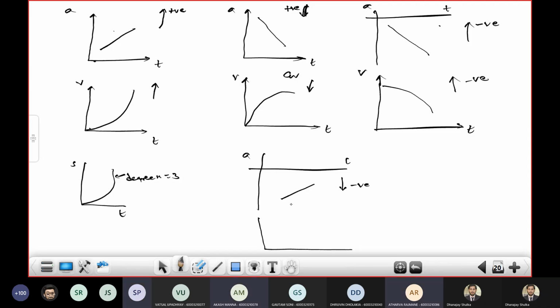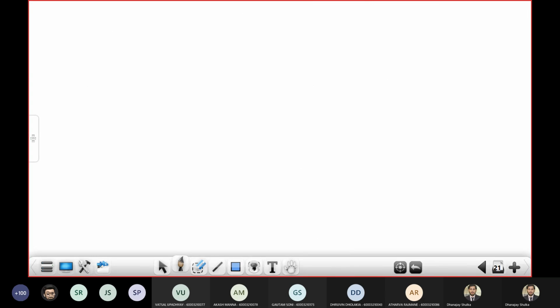Parabolic downwards. Yeah, this is what, negative, na? Parabolic downward. This is decreasing in the negative direction, so this will also be decreasing in the negative directions. Correct. So these are the natures of the graphs. Some standard graphs you can keep in mind. Okay, you can draw and think, so that you should know at least.